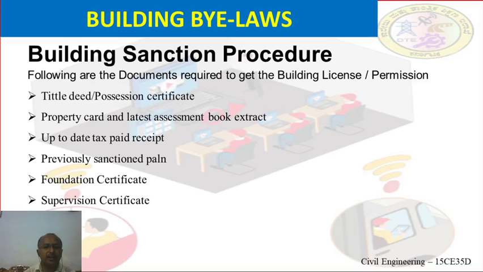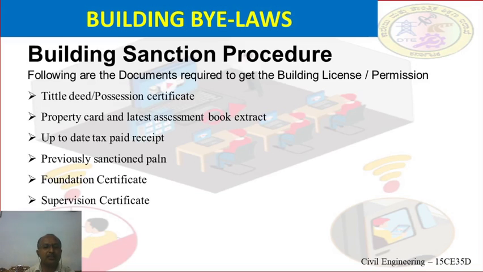Later on we also have to produce the foundation certificate. The foundation certificate is nothing but the certificate which states the conditions of the foundation. That means whether the soil is fit or unfit. The foundation certificate is also to be produced for the building sanction procedure.